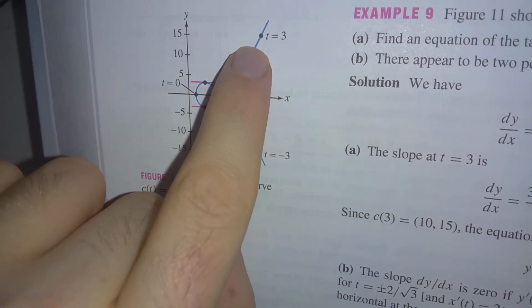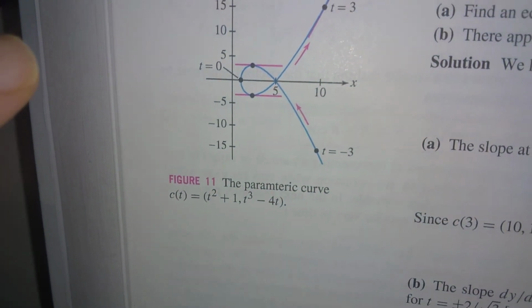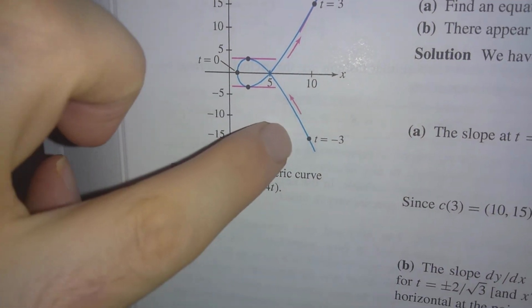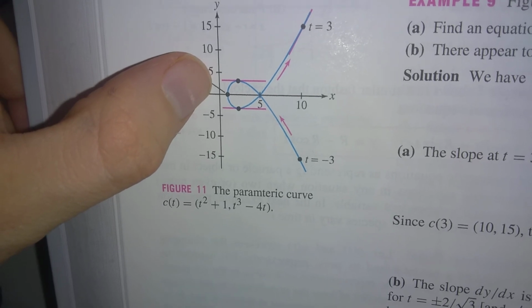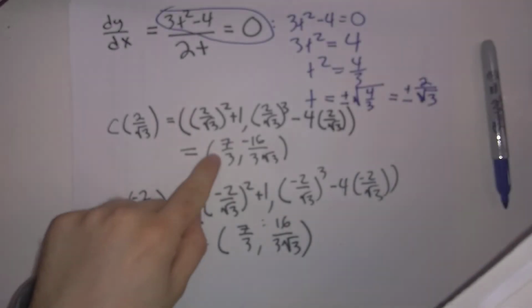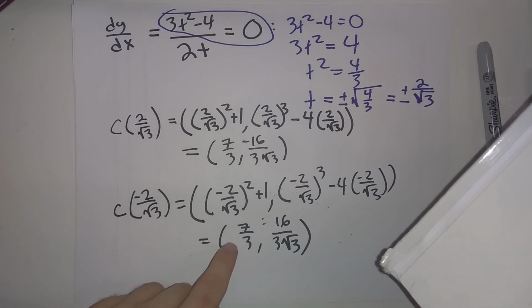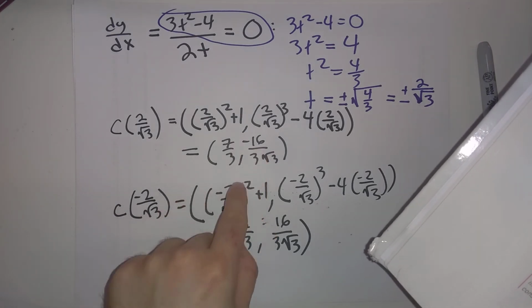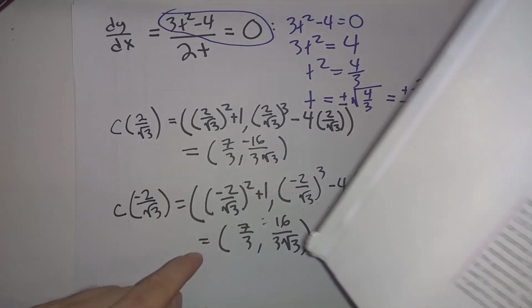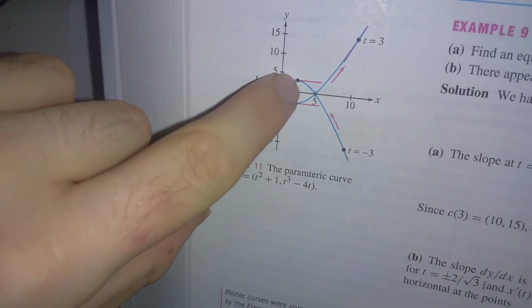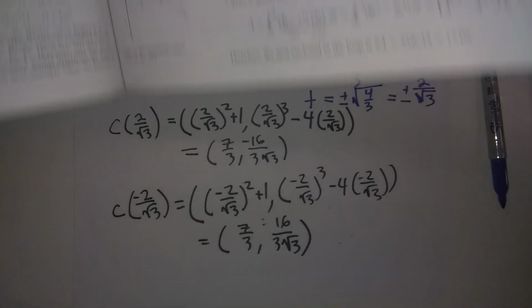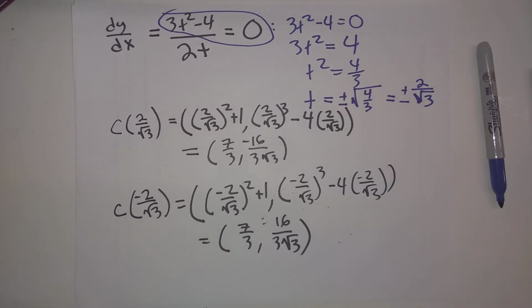We found the tangent line right here at t is equal to 3, and see that there are 2 places here where the tangent line appears to be horizontal, and those are the 2 points that we just found. 7/3, minus 16 over 3 root 3, and 7/3, plus 16 over 3 root 3. And so those are those 2 points, and you can even see they appear to have the same x value, which is confirmed by our calculations. Okay, so that is finding slopes of tangent lines, an example of that.